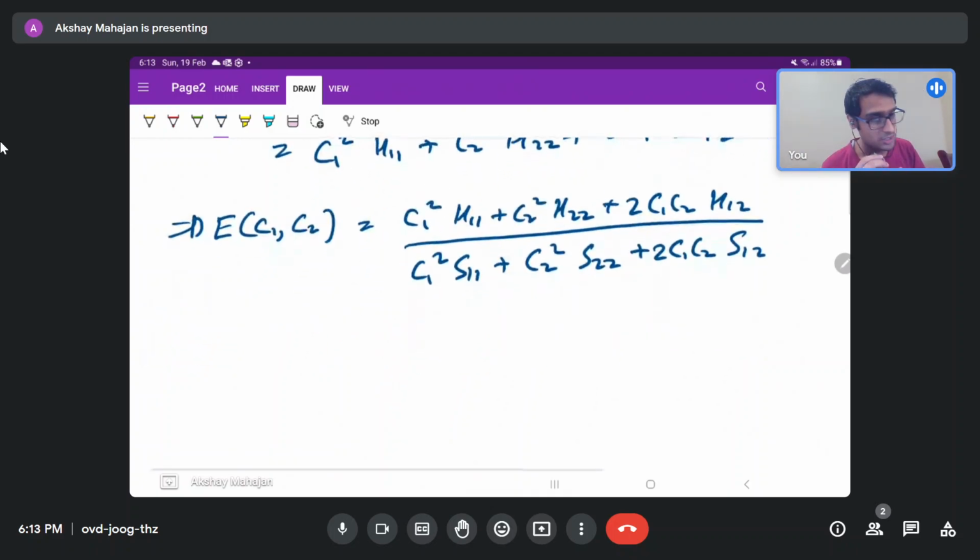Alright, and basically we have two variation parameters. We have C1 and C2, so we can do del E by del C1 equals to 0. From there, if you differentiate, you will get this equation.